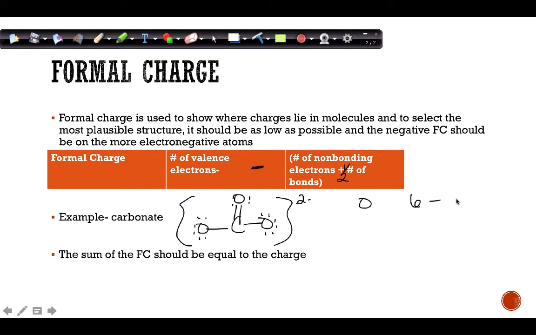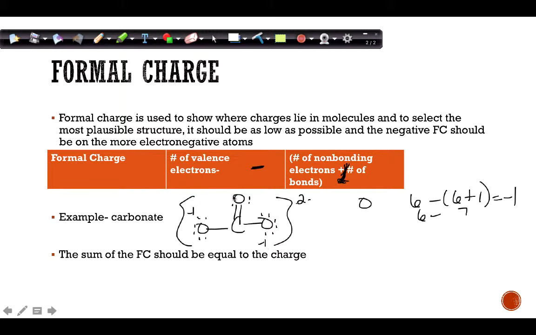And then we're going to subtract the number of non-bonding electrons, which is, let's see, 2, 4, 6. So 6 non-bonding electrons plus the number of bonds. Oops, sorry. So right here I should have 7 and 6 minus 7, which would be -1. So this one is going to be -1, which means this one will be the same thing.